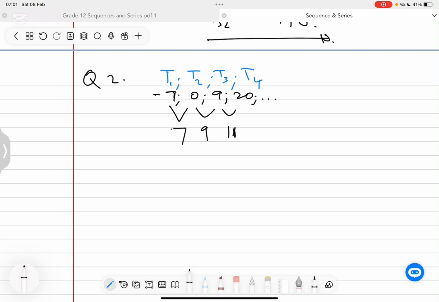Remember, you can use your calculator to save time, especially if you can't compute these numbers in your head.